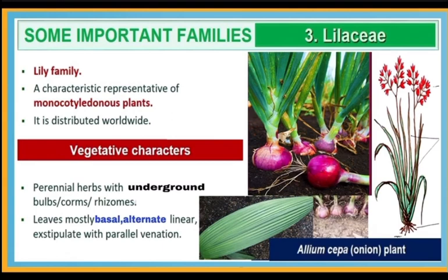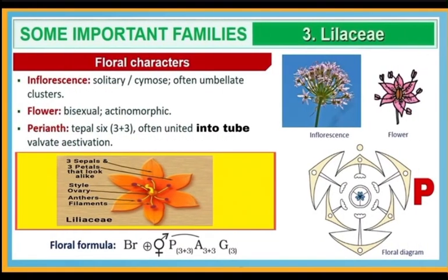Leaves are mostly basal, alternate, linear, without stipules, or they are exstipulate, and have parallel venation as shown in the picture of the leaf. Inflorescence is solitary cymose, often umbellate. Clusters are shown in the figure. Flowers are found in clusters and look like an umbrella, so the name umbellate.